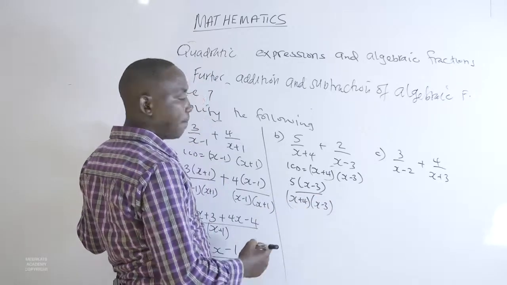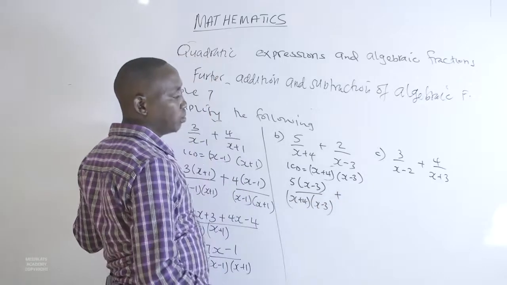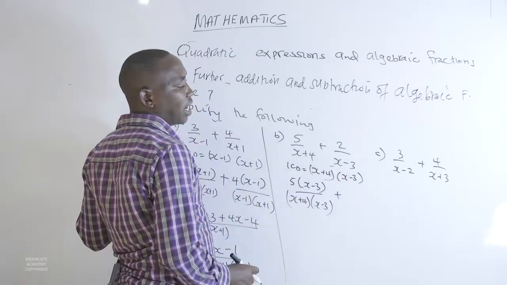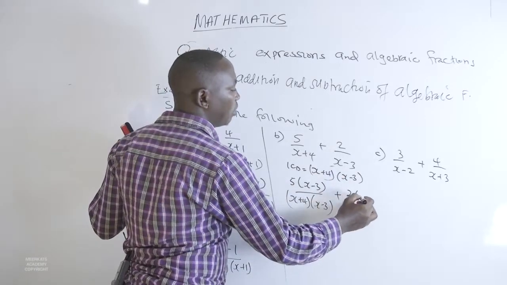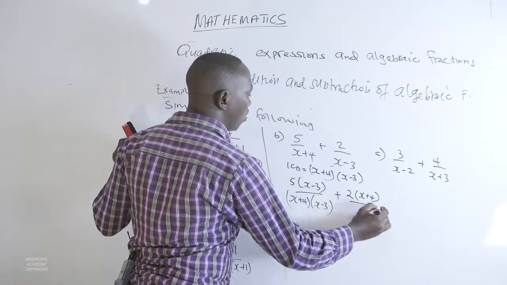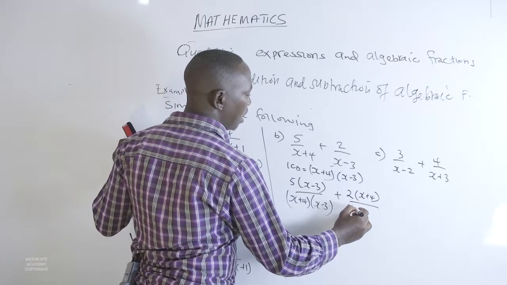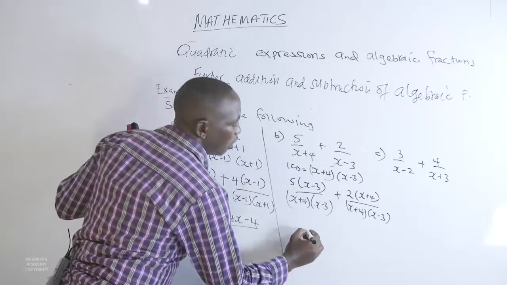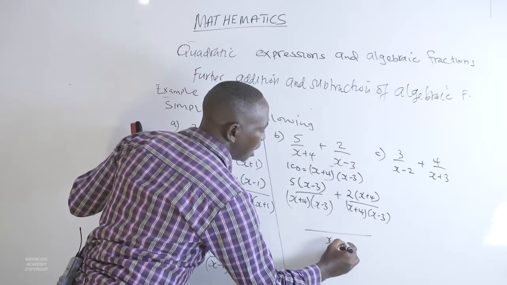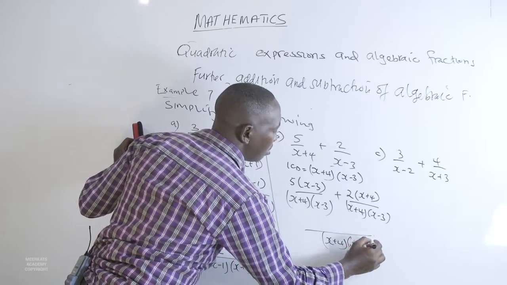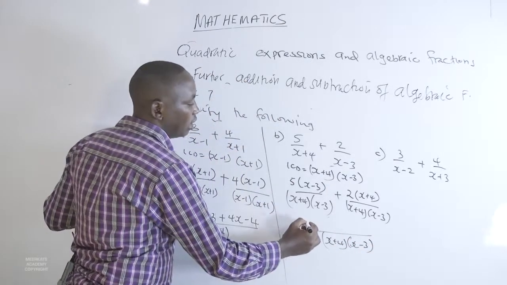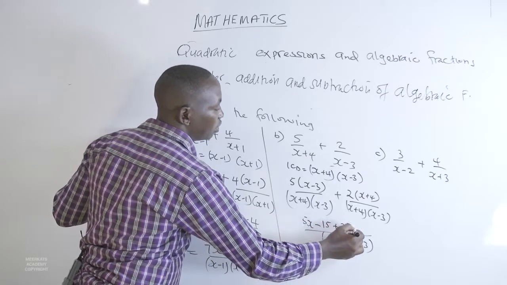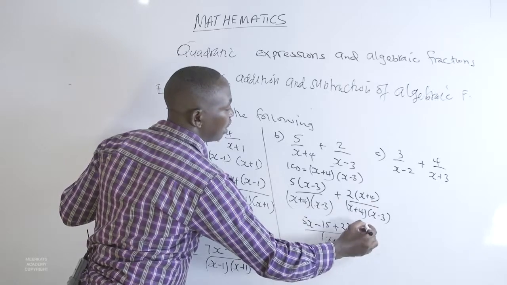denominator x plus 4, x minus 3. We add it to 12 over x minus 3; x minus 3 goes with this, leaving us with x plus 4. That means we multiply 12 with x plus 4 over the new x plus 4, x minus 3. So when we write them under one denominator, x plus 4, x minus 3, and we expand this, that will give us 5x minus 15 plus 12x plus 48.